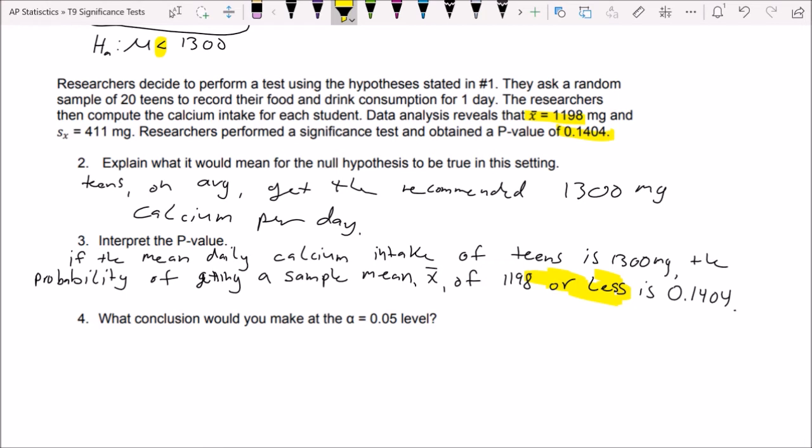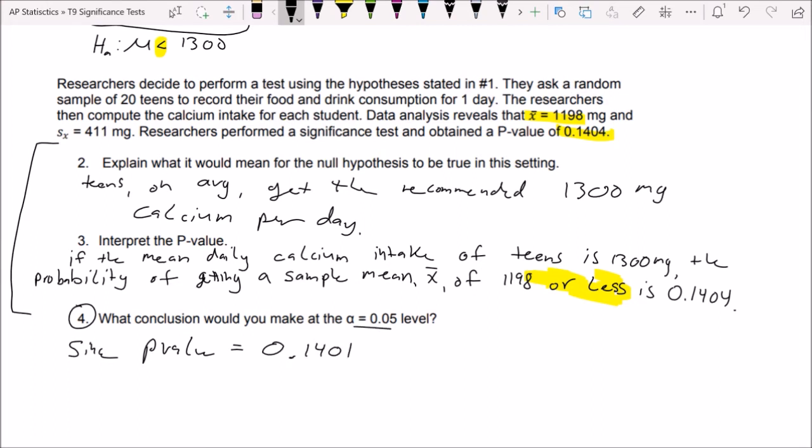Now, number 4. What conclusion would we make at the alpha equals 0.05 level? Okay. Now, once you get this down, these answers are always the same, and this is the classic ending to a free response question. And usually we would do all these other steps kind of in the middle and without being prompted, but this is typically how they always end. So we would say this. We say, since the p-value, which was 0.1401, and we have to interpret this now.